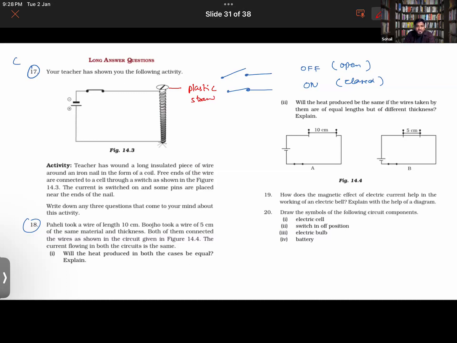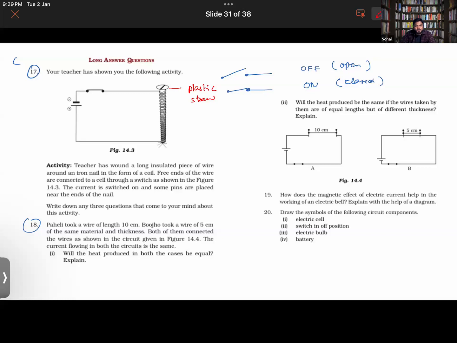We can also frame a question like, what happens if we use a wire which has low resistance, or no resistance? Basically, you won't be able to find such a wire, because every wire has some amount of resistance, even a wire made of silver.